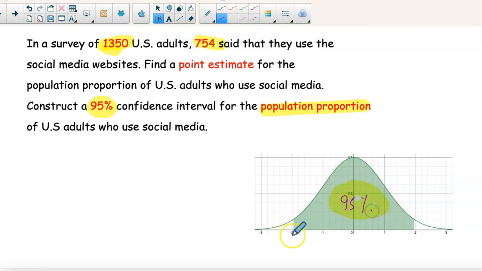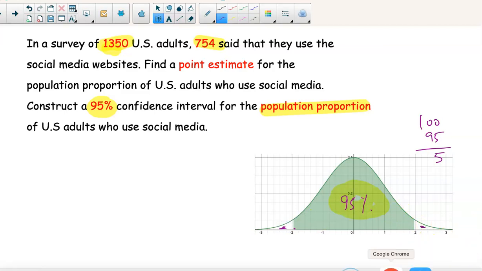If I take away 95 from 100, there remains 5% of the data. Out of that 5%, 2.5% is on the left side and 2.5% is on the right-hand side.